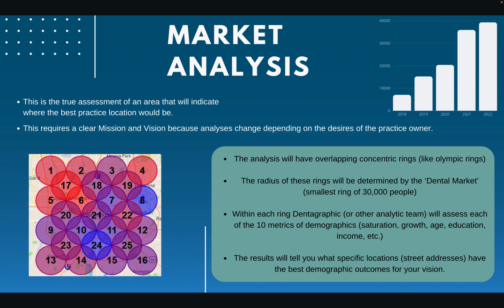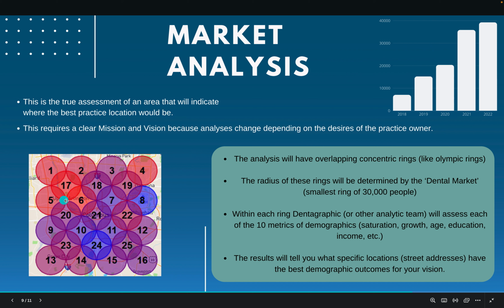So you're making sure that every square inch of the population that you're looking at is being measured by your metrics. Then what you're going to do is you're going to assess which location is the best match to your vision, your goals, what you want. So red over here means better, blue means cold, so it's kind of like the hot cold, right?